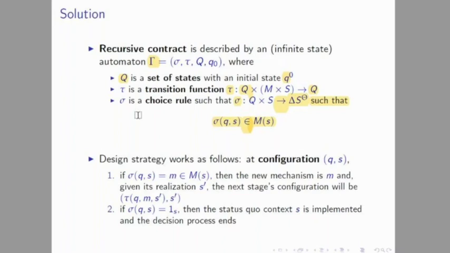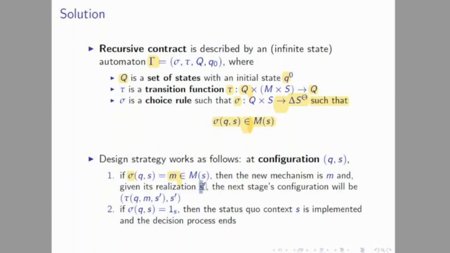Now, the design strategy or the recursive contract works as follows. Let's call the combination of state Q and context S a configuration. In configuration Q and S, if the choice rule, the renegotiation function, specifies a mechanism, then this mechanism is going to be played.